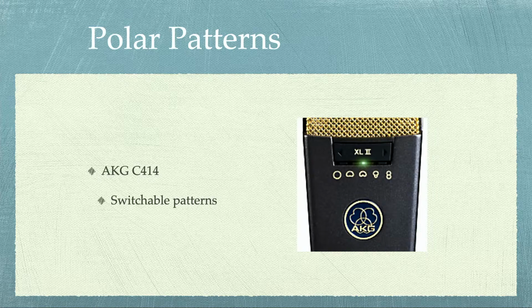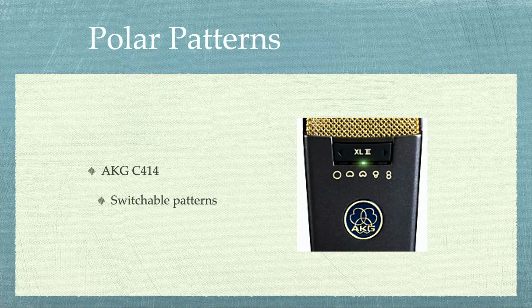So the AKG 414, which I just showed you a second ago, and which I'm speaking through right now, has the ability to actually change its polar pattern. As you can see in this graphic, it's omni, then what's called wide cardioid, then cardioid in the middle, then supercardioid, and then figure eight. And the cool thing is that I can stop halfway between any two of those.